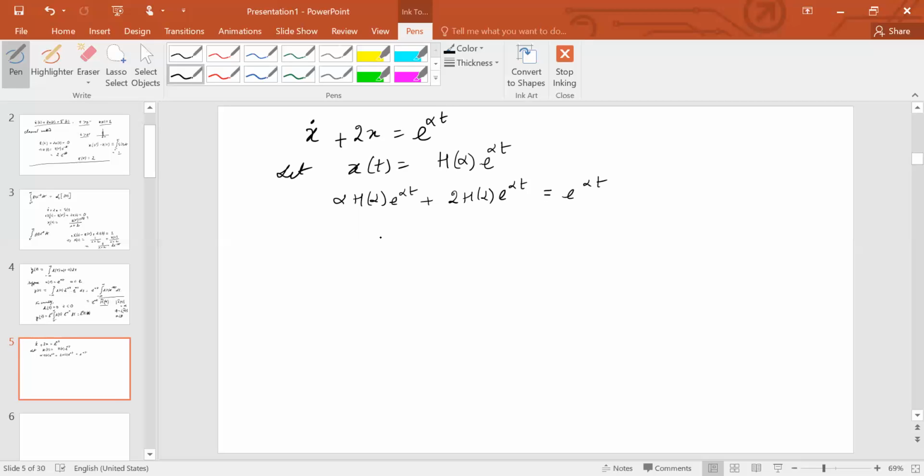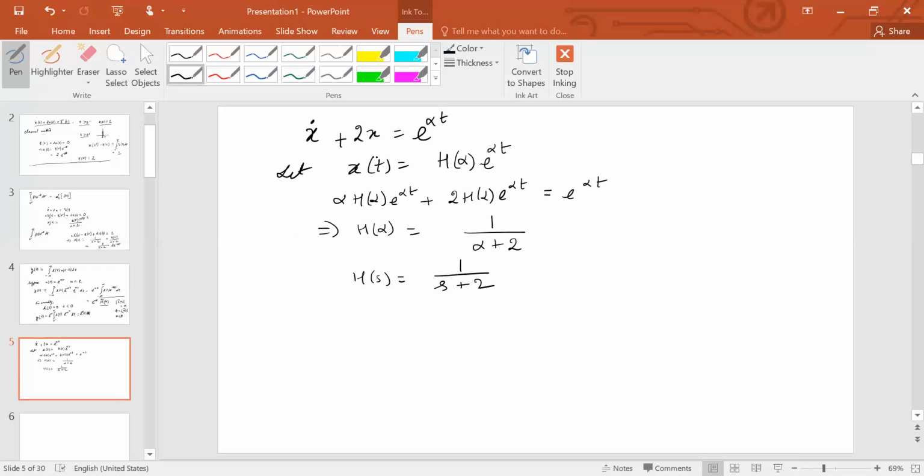Now if you solve for this, you will easily see that h(alpha) is nothing but 1 over alpha plus 2. So therefore h(s), your transfer function, is equal to 1 over s plus 2. Remember that this is how it helps us.